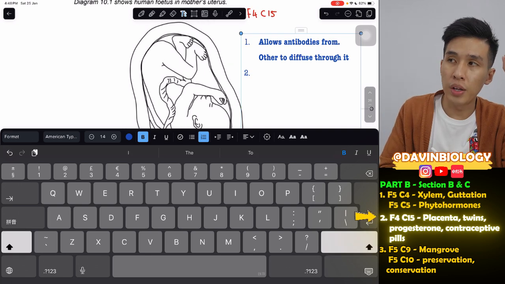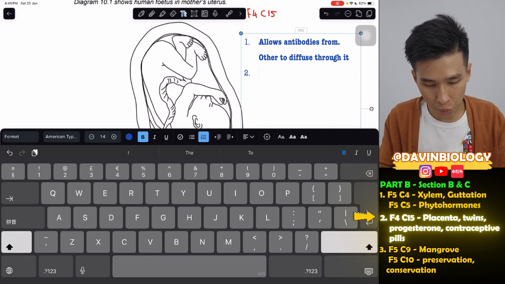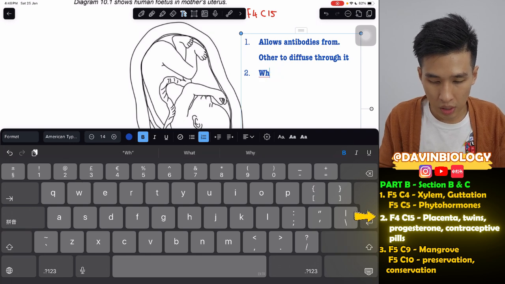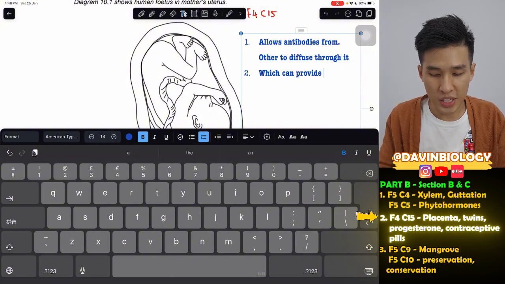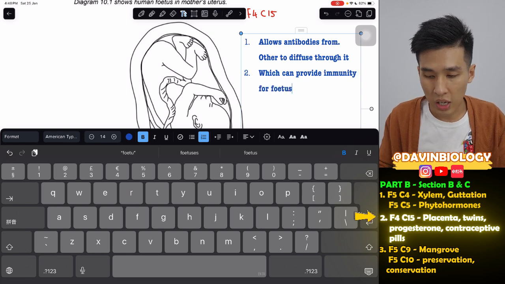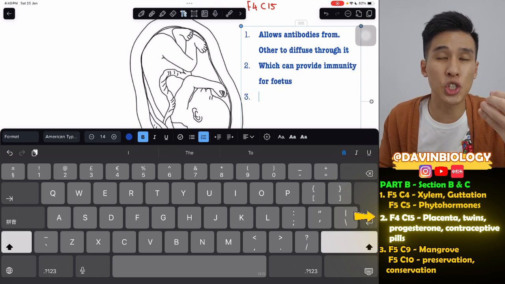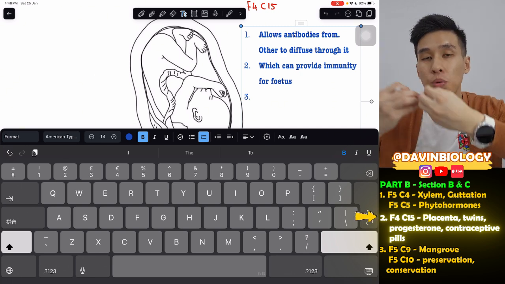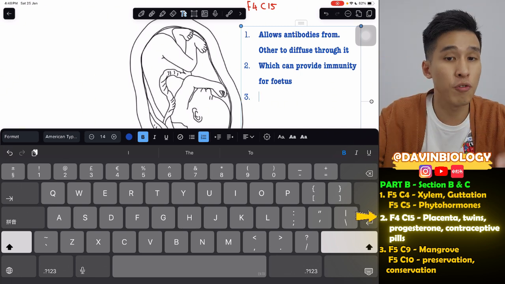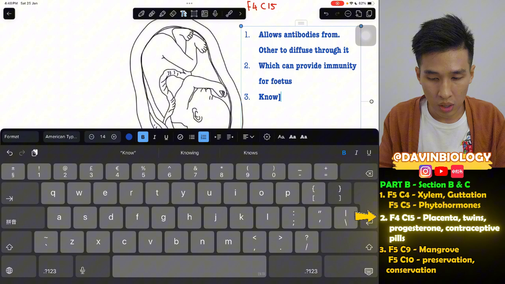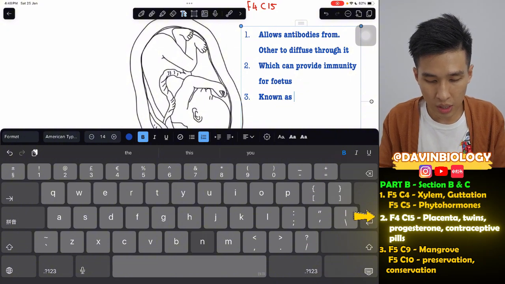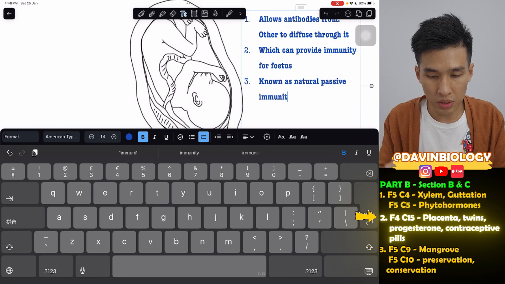Number two, then you explain which can provide what we call immunity for the fetus. And remember, this is called natural passive immunity. You receive immunity from an external source, but you receive it naturally from the mother as a fetus. So you can say this is known as natural passive immunity.